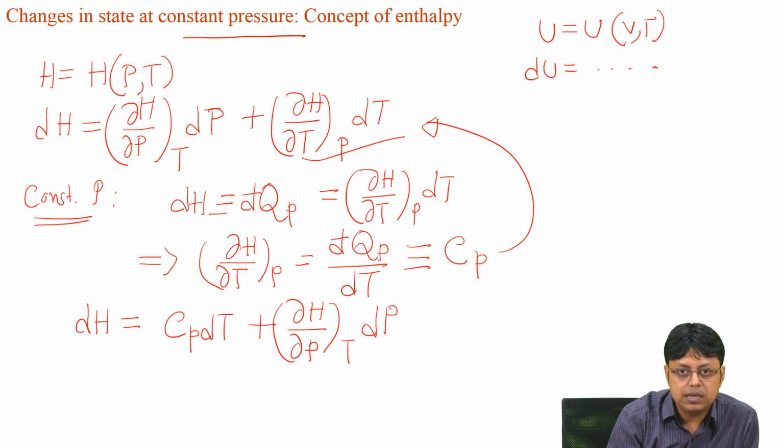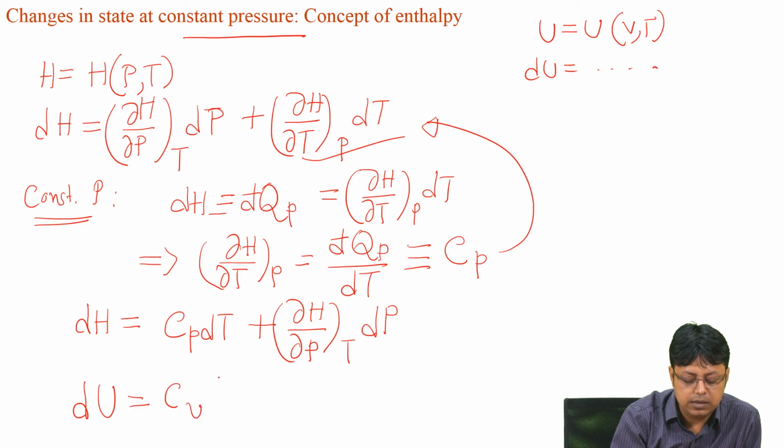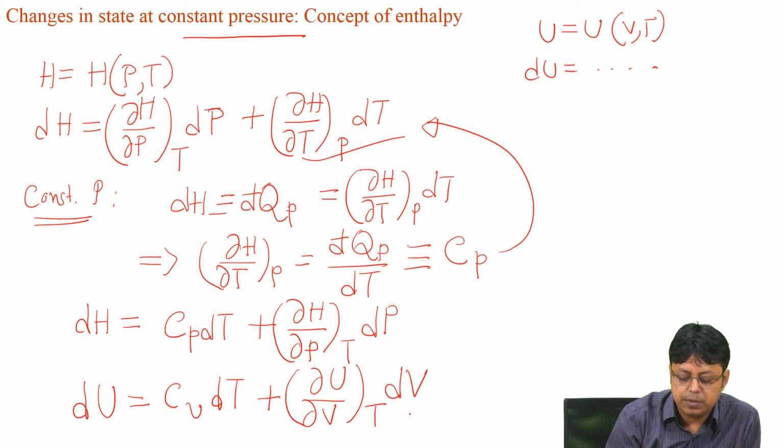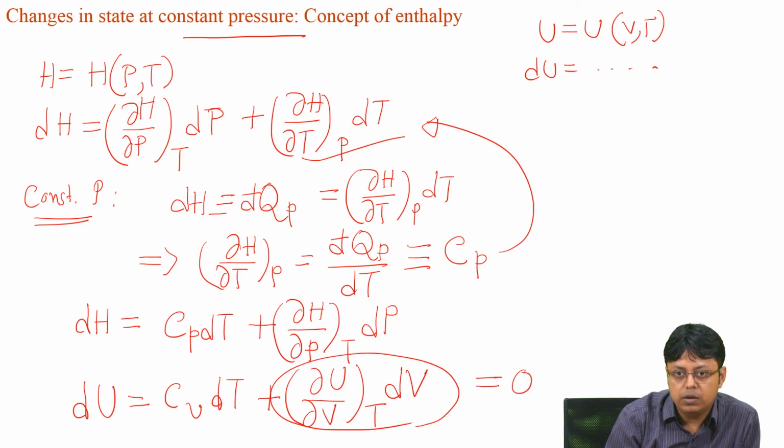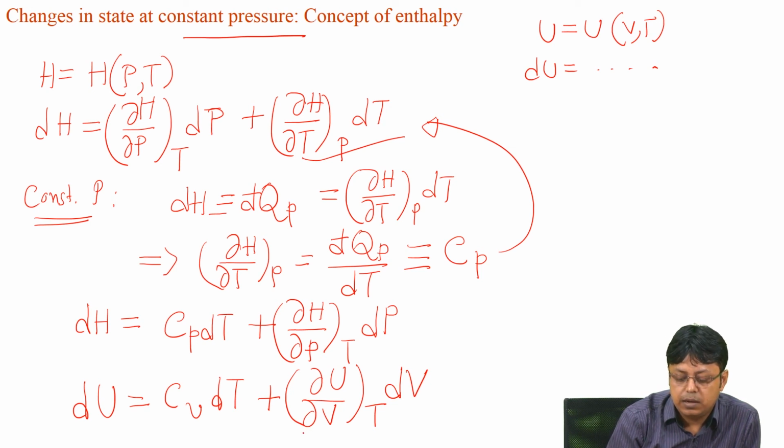Remember, this has a very nice analogy with the earlier case: dU is Cv dT plus del U del V at constant T times dV. By Joule's experiment, we saw that this term is 0, and we also argued that for an ideal gas it is 0, since Joule showed that del U del V at constant T is 0.